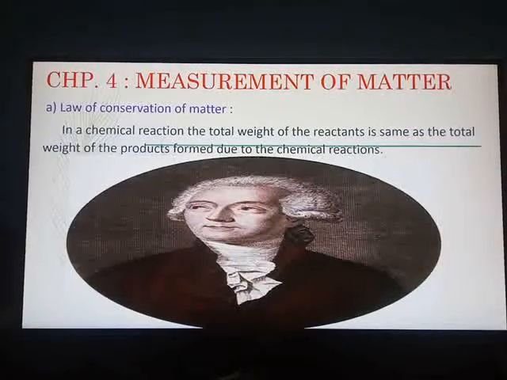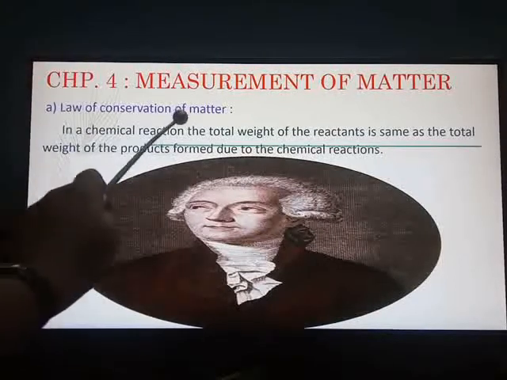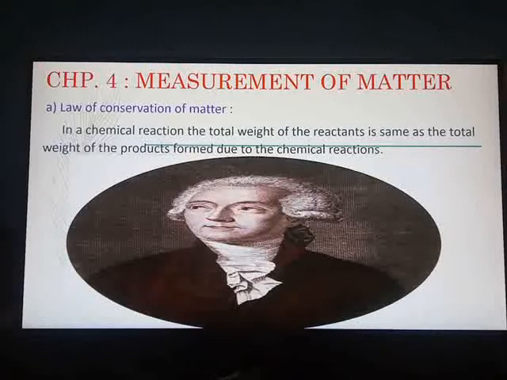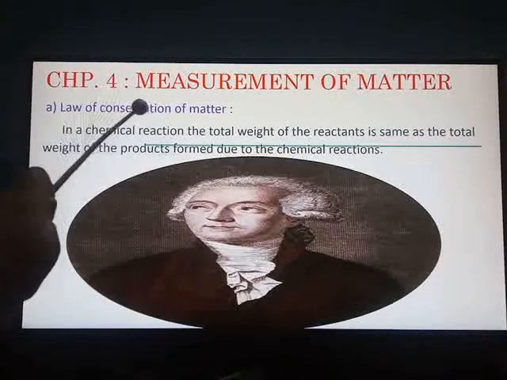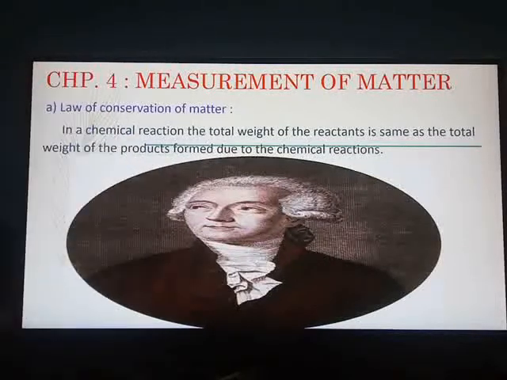He inferred from his research work that there is no rise or drop in the mass of the matter during a chemical reaction, and based on his experiment he derived his first law, that is known as law of conservation of matter, which states that in a chemical reaction the total weight or mass of the reactants is same as the total weight or mass of the products which are formed due to the chemical reaction.